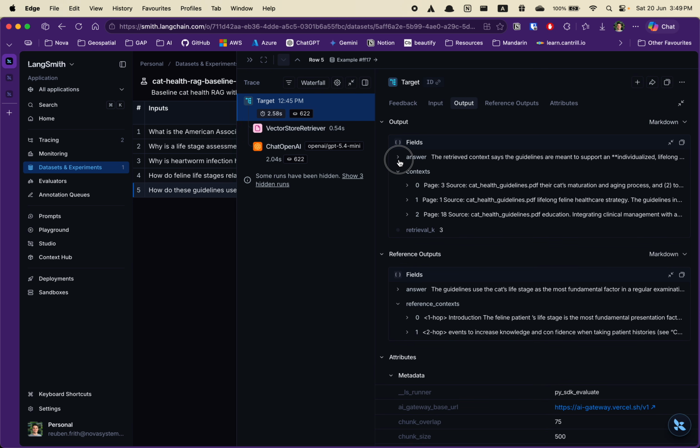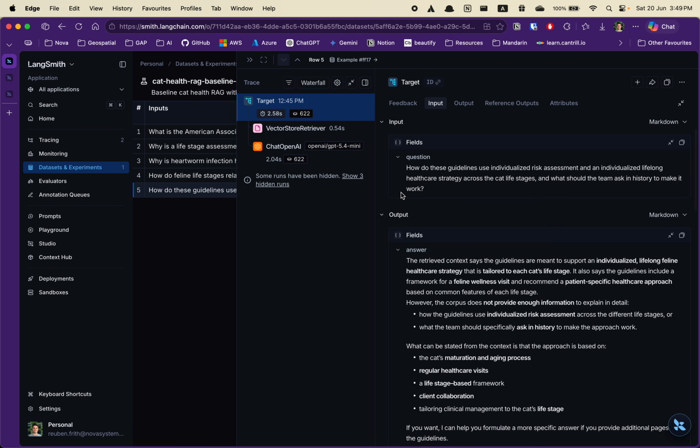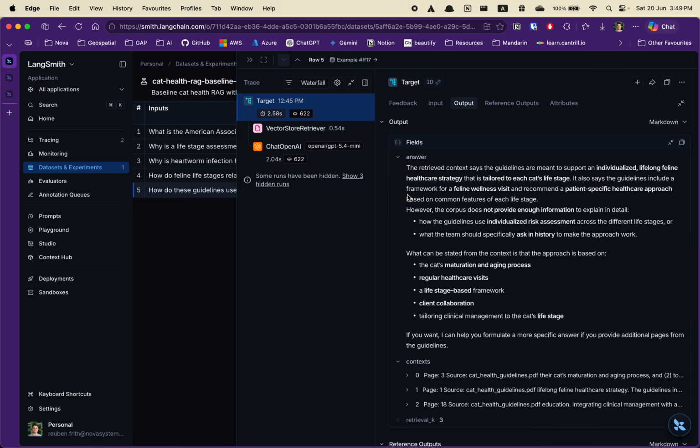And looking at the actual output that the LLM generated for our question, I'll just show you the question. How do these guidelines use individualized risk assessment and an individualized lifelong healthcare strategy across the cat life stages, and so on? And then looking at the output, we can see here that the LLM states, however, the corpus does not provide enough information to explain in detail what was asked in our question.